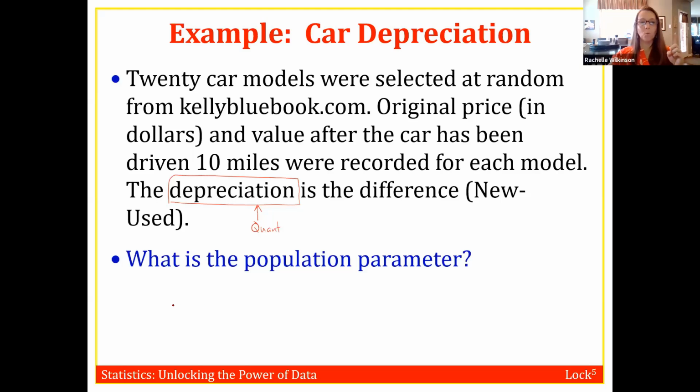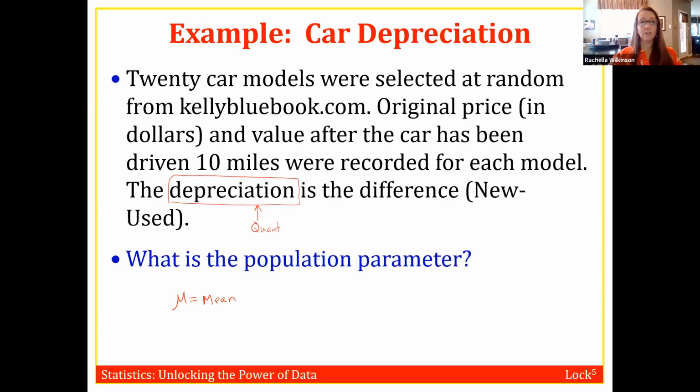So for one quantitative variable, my population parameter is going to be mu. And what's the first word that should follow the equal sign here if my parameter is mu? Mean, exactly. So mean what?